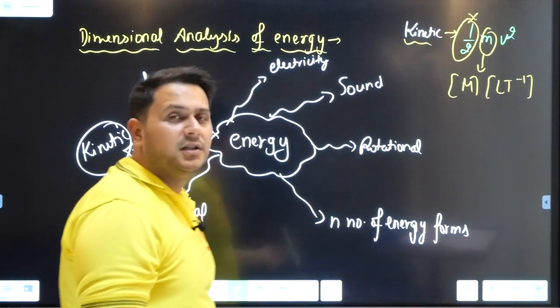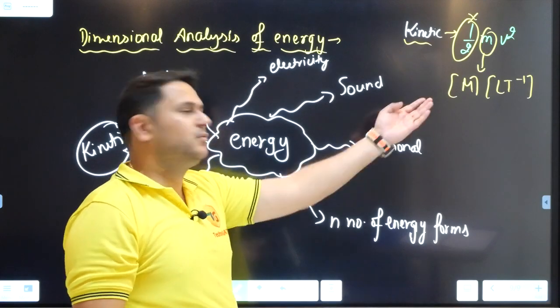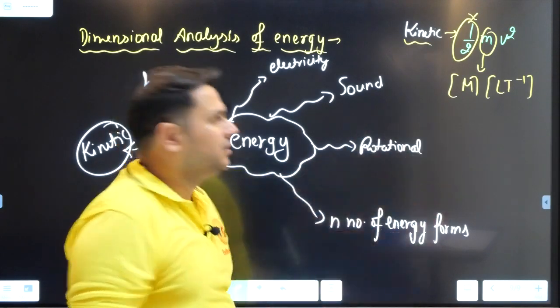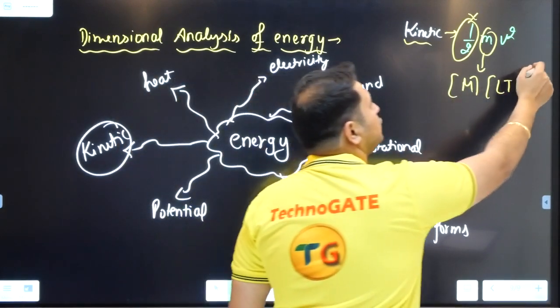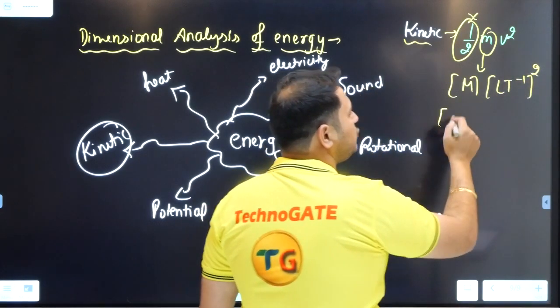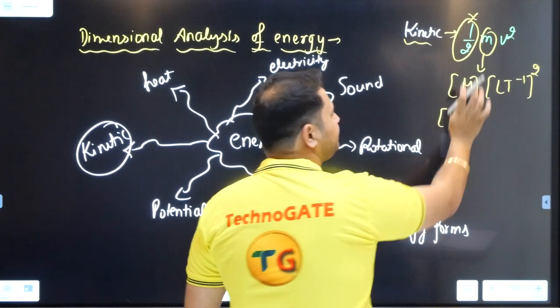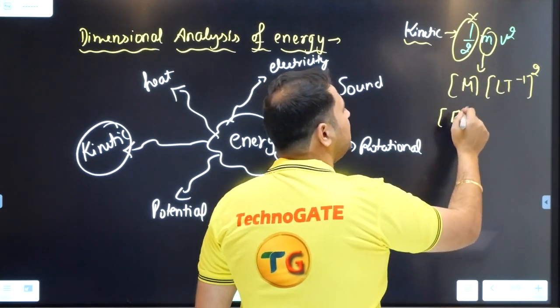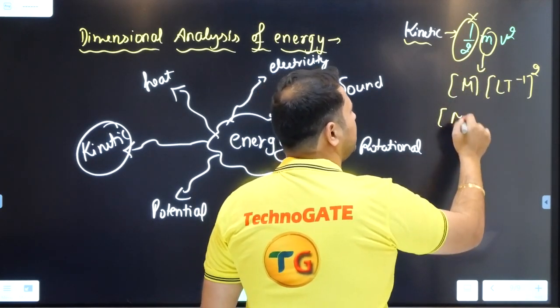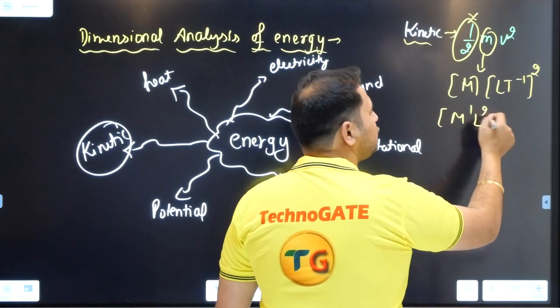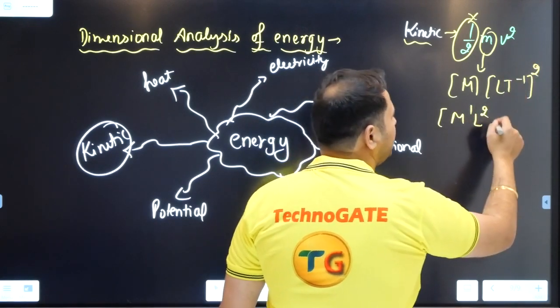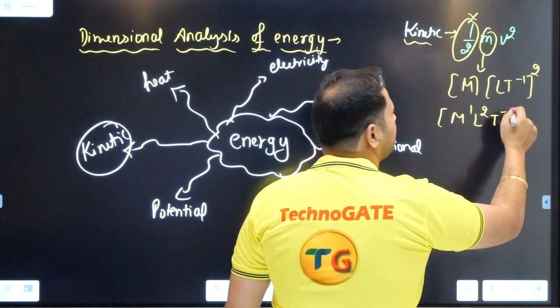Speed is distance by time. Distance is L, time is T minus 1, right? So this is raised to the power 2. So this is going to be m, L2, m is 1, L is 2 from the power 2, and T is again minus 2.